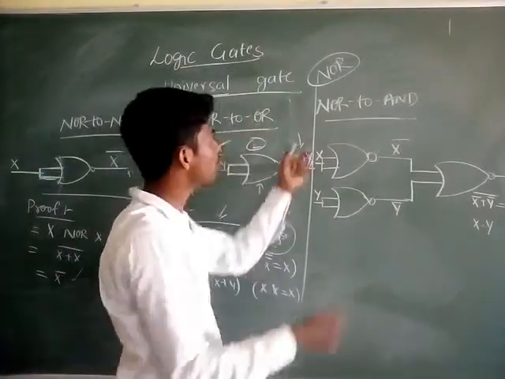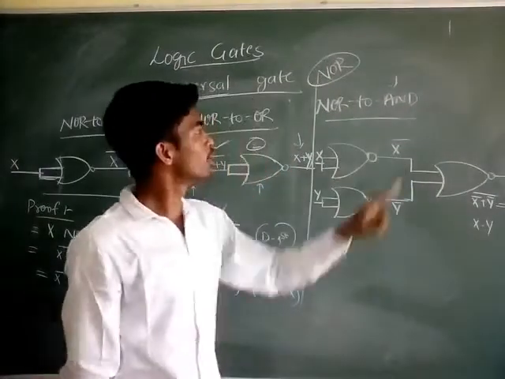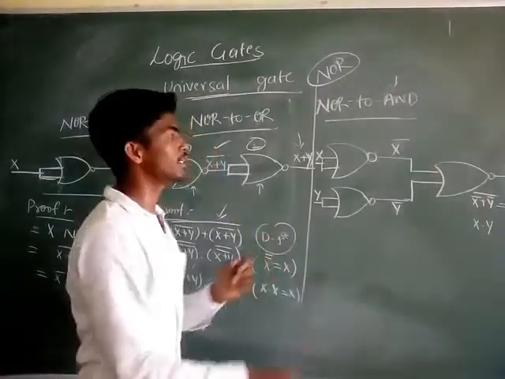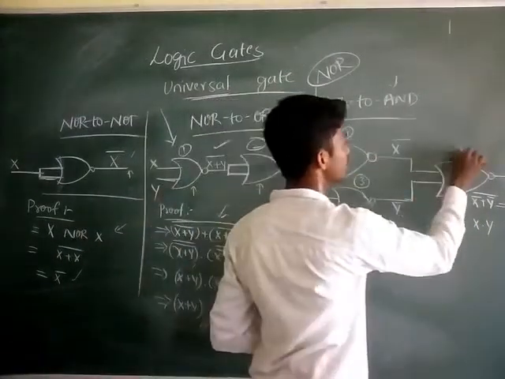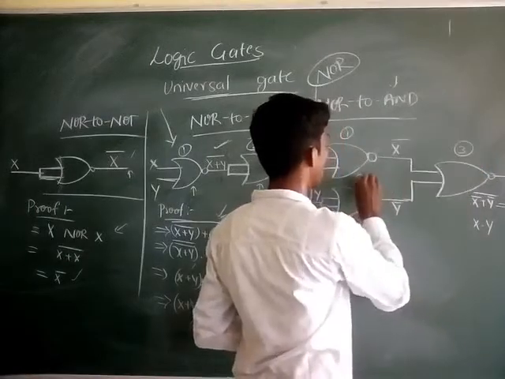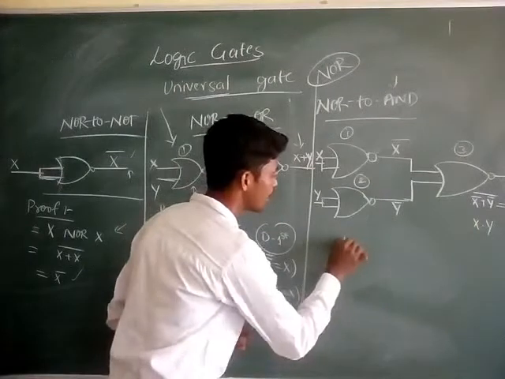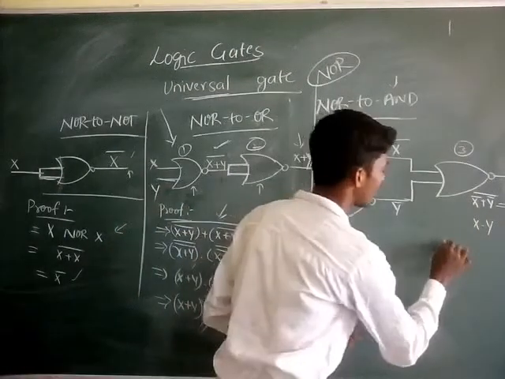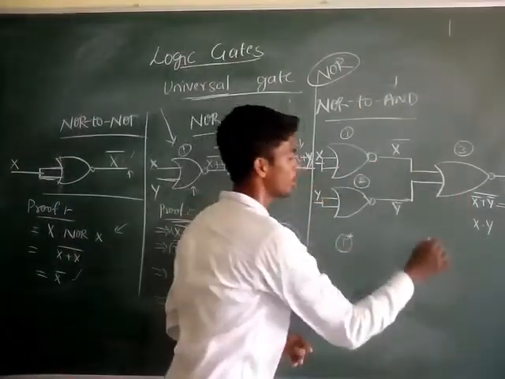Final one, we have to design the AND gate, the basic logic gate, using the NOR gate. For this, we are using 3 NOR gates in a first level and a second level. In the first level, we are using 2 NOR gates in parallel, and in the second level, those 2 NOR gate outputs will be connected.